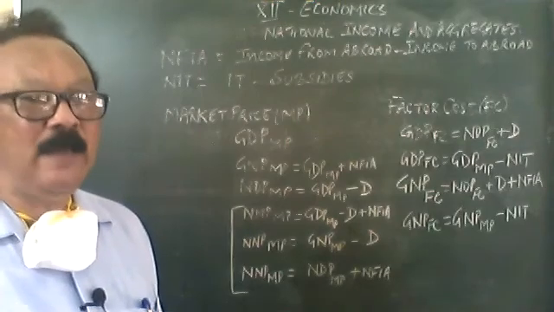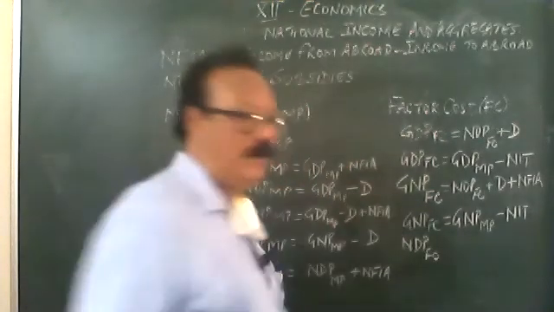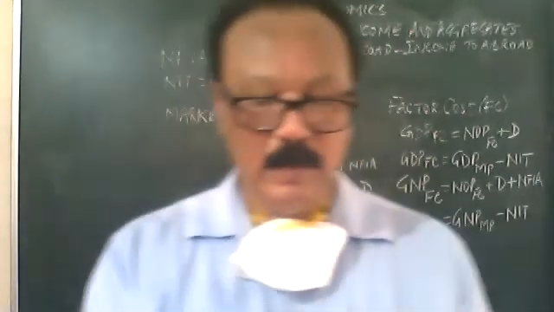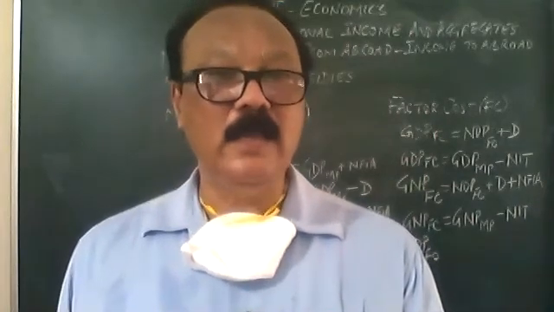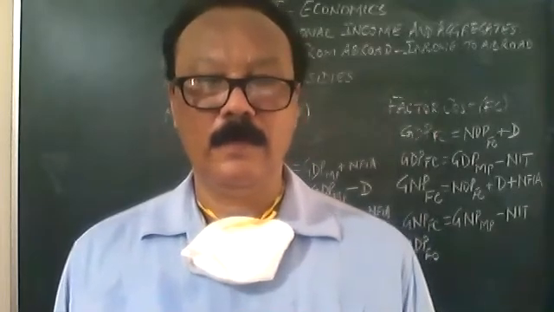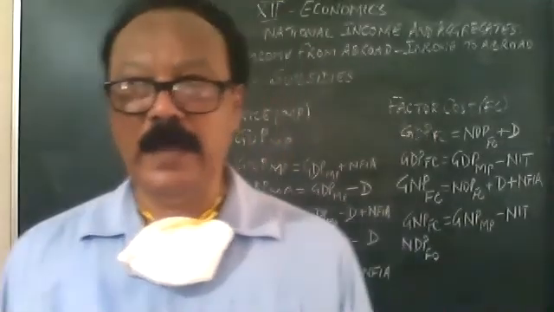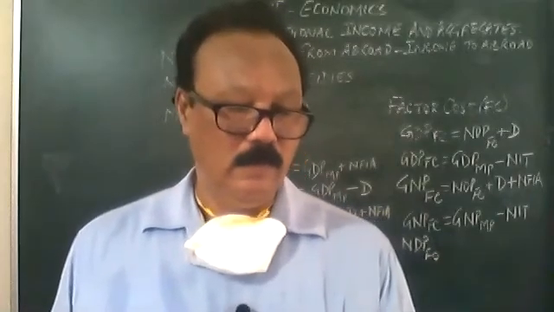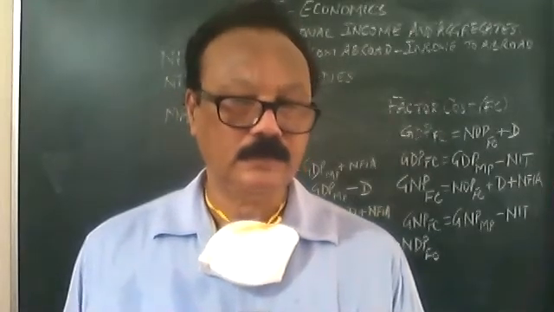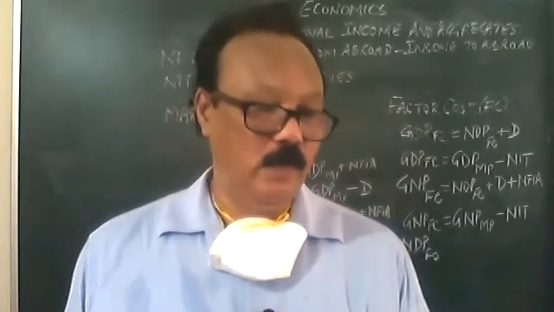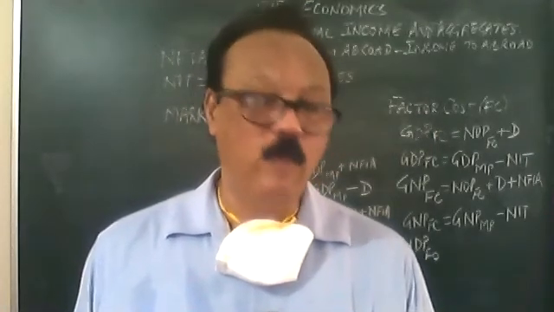The next one is NDP factor cost. Definition. It is the sum total of factor income, within brackets rent, wages, interest and profits, generated within the domestic territory of a country during a period of 1 year.